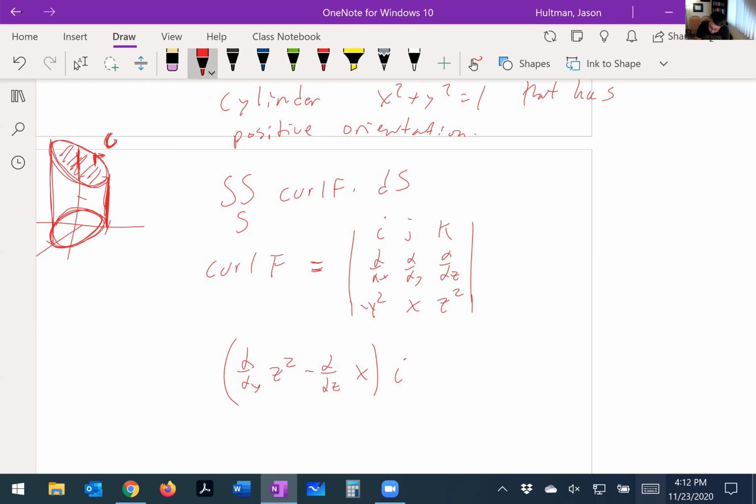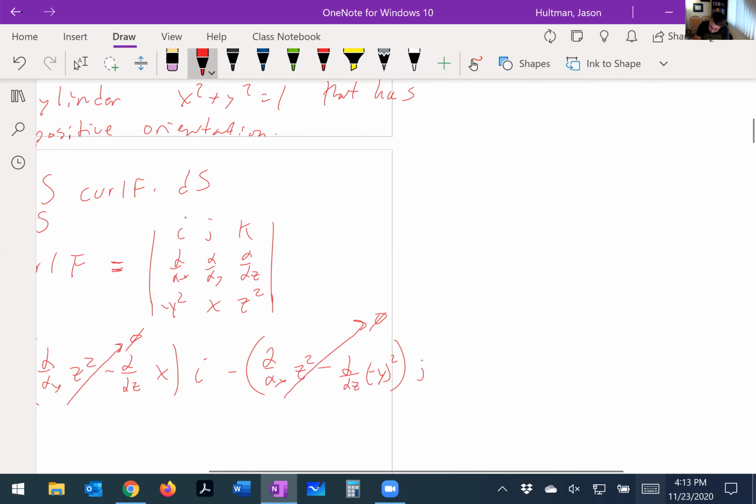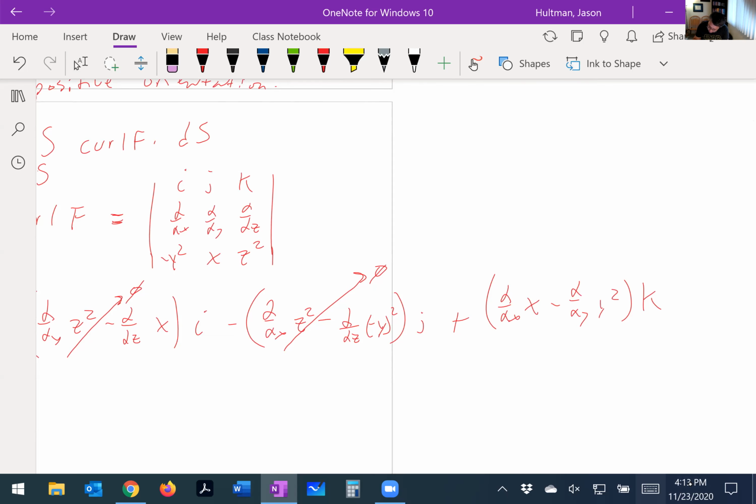So that goes to 0. Then minus j, this is going to be d/dx of z squared minus d/dz of negative y squared. That's another one that goes to 0. Plus k, d/dx of x minus d/dy of negative y squared. So this becomes 1 minus 2y. So that's my curl.